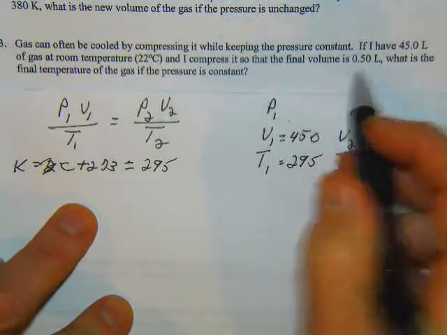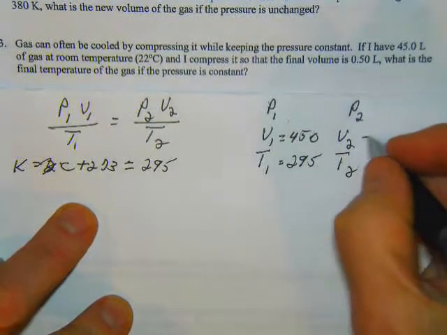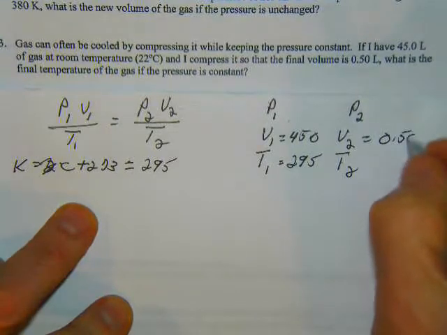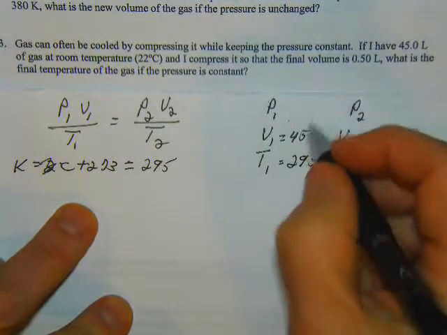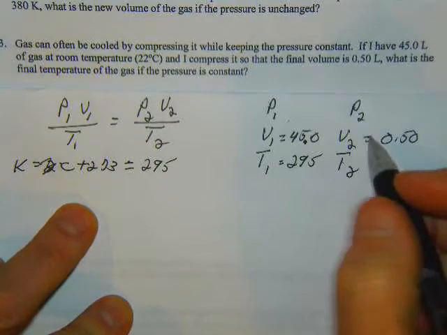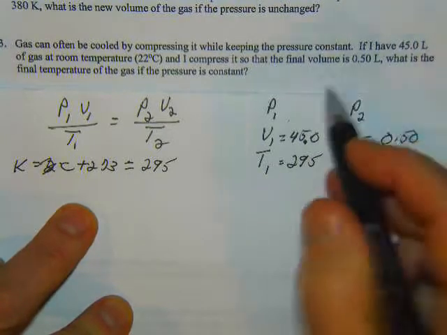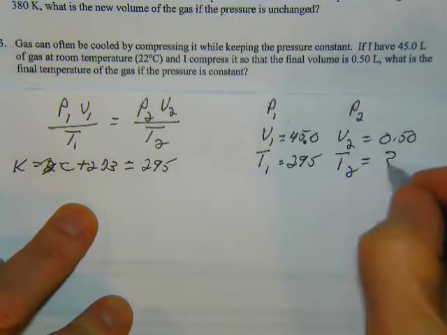I compress it so the final volume is 0.50. I forgot to put my decimal there. And we want to know the final temperature if pressure is constant.